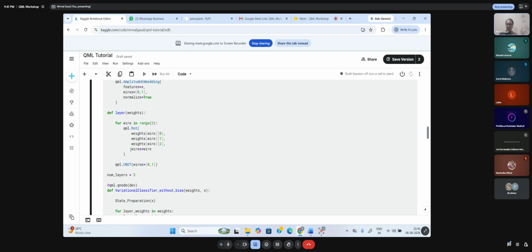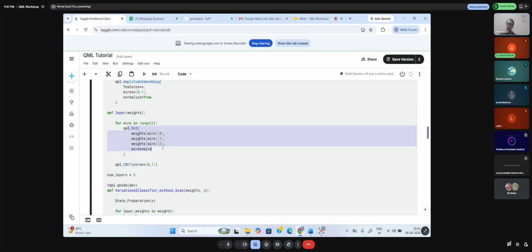So the inputs are zero and one, and the outputs are these after rotation. That's what the circuit is learning, with a total of three layers. This is for every wire we have created: wire number 0 rotation, wire number 1 rotation.